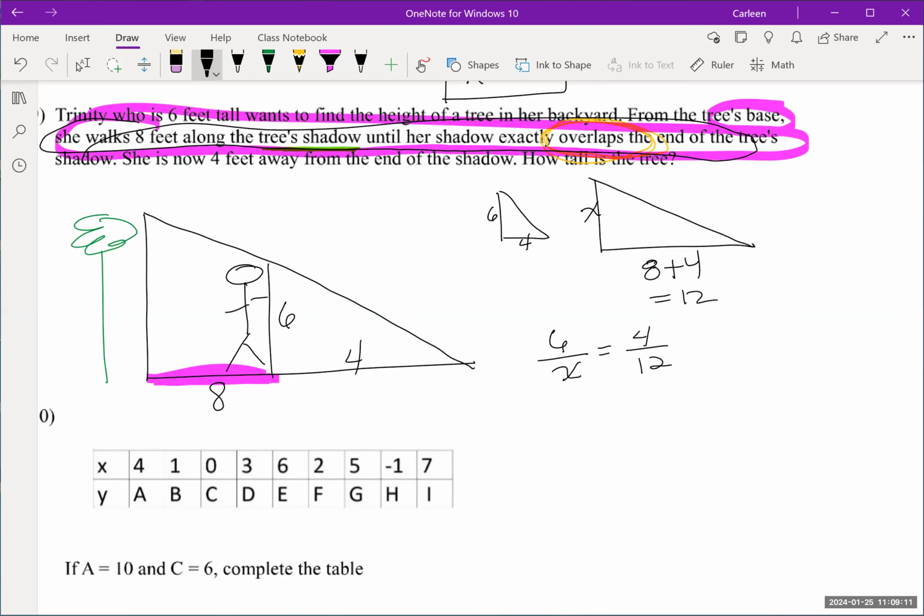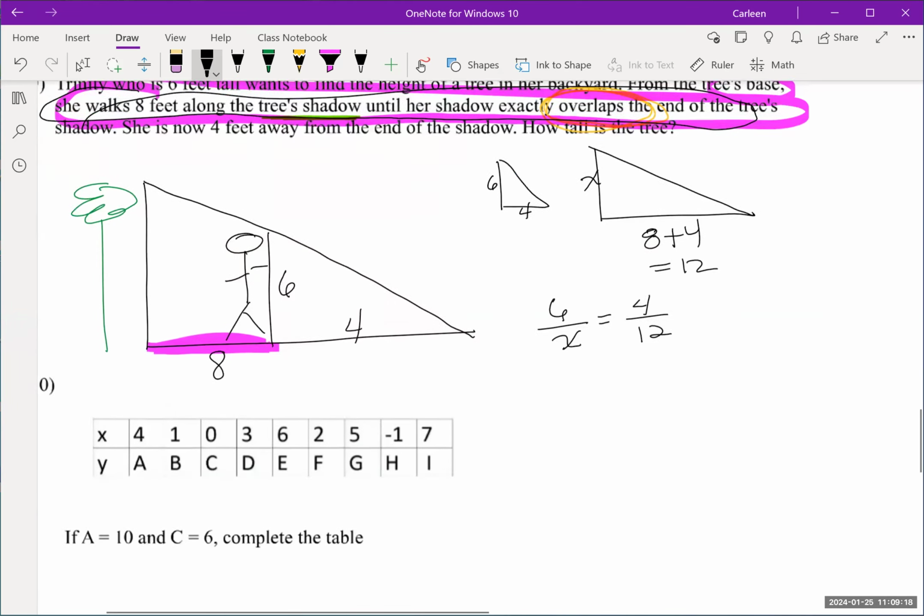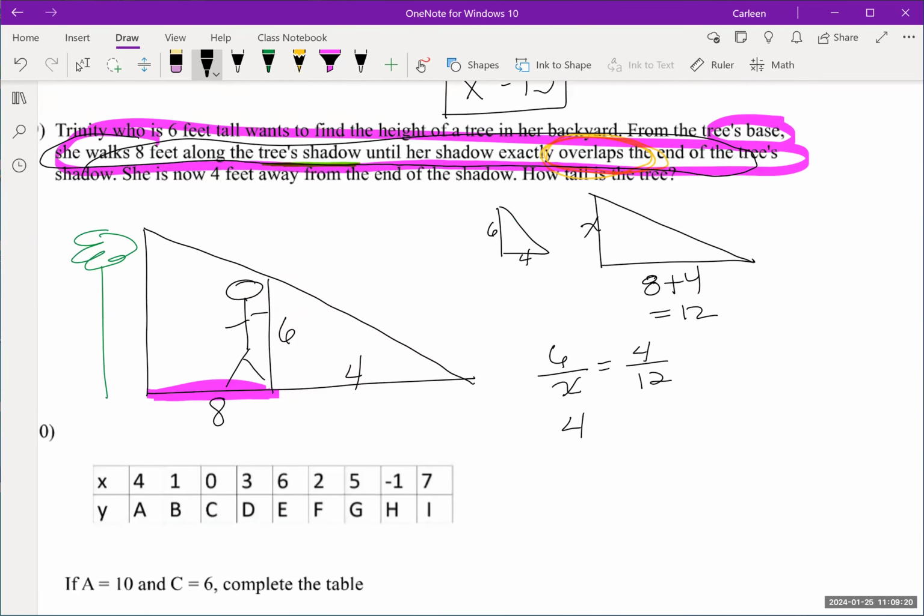So the 8 does not go into the proportion. Cross multiply: 4x is equal to 6 times 12, which is 72. Divide by 4. X is equal to 18.